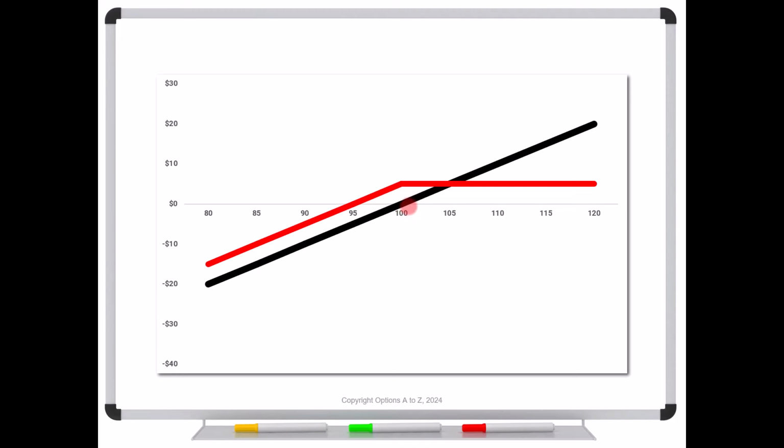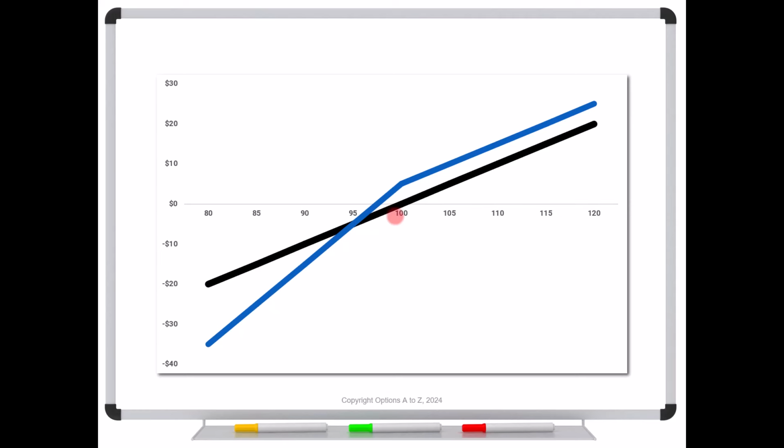So watch what happens if you are long shares of stock and short the 100 put. See, that's not going to be the area of maximum gain. And this is because you still have unlimited deltas out this way. They are not opposing deltas.